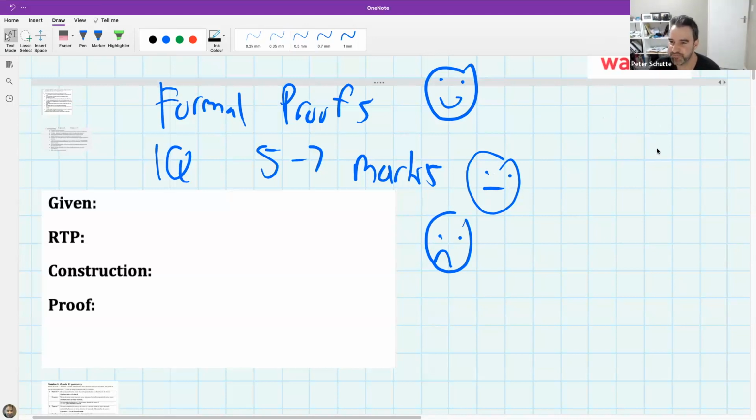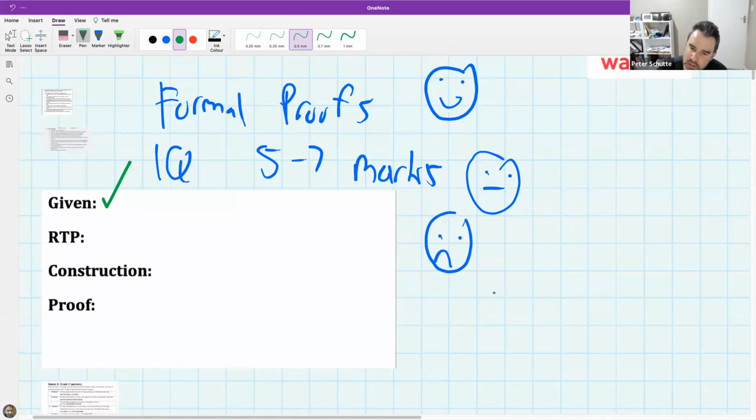So what I want to say to you is proofs are like a system. Once you notice the structure of formal proofs, it becomes a bit easier. Every formal proof will have something that you're given.